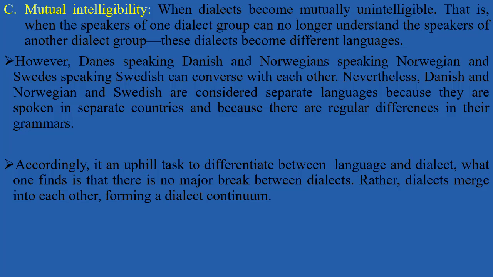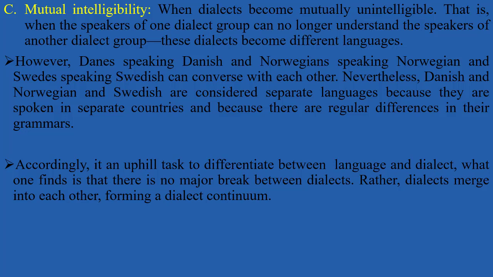So if this group understands the language of another group, and the other group understands the language of this group, these two dialects are instances of the same language. If the speakers of different groups do not understand each other, the dialects are different languages. So they don't belong to the same language, but they are different languages.